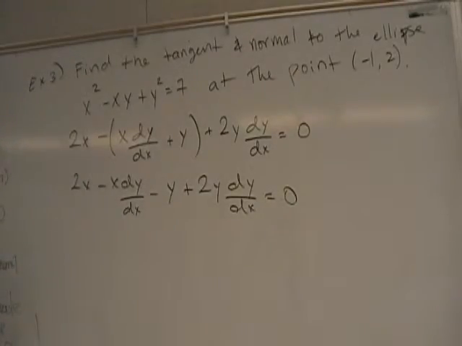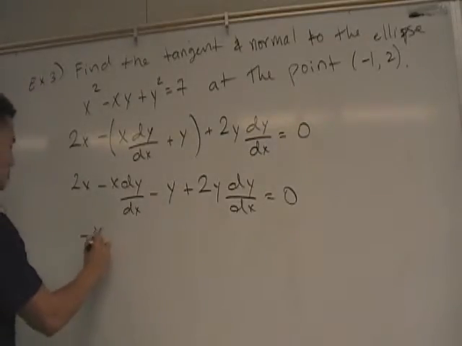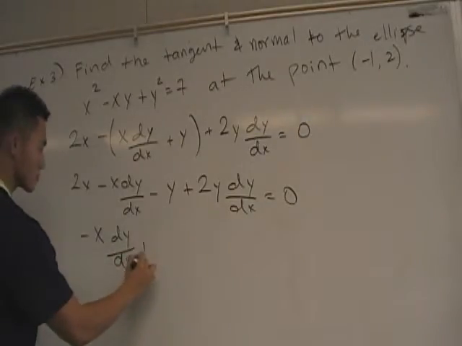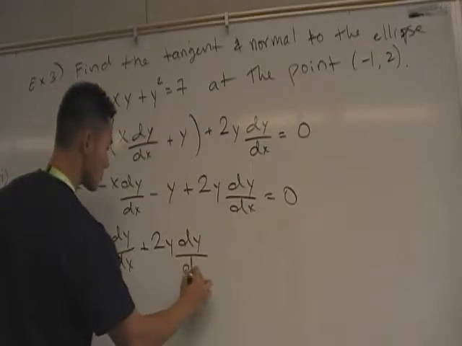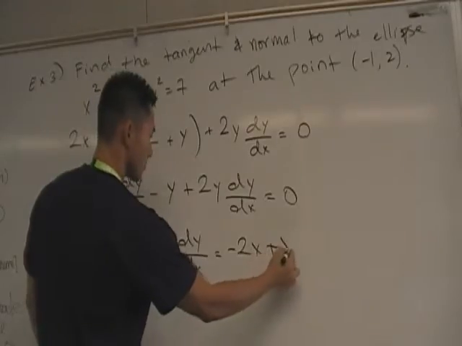Let's move the stuff that does not have dy dx to the other side and leave the stuff that does have dy dx on the left side. So we're going to minus 2x plus y. So minus 2x plus y.